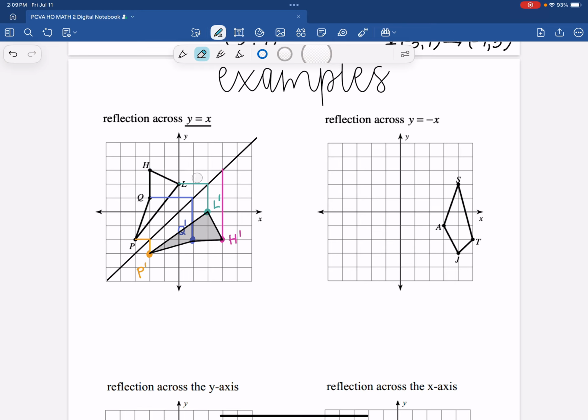And again, if I erase those horizontal and vertical lines, it is a little bit easier to see in this situation.